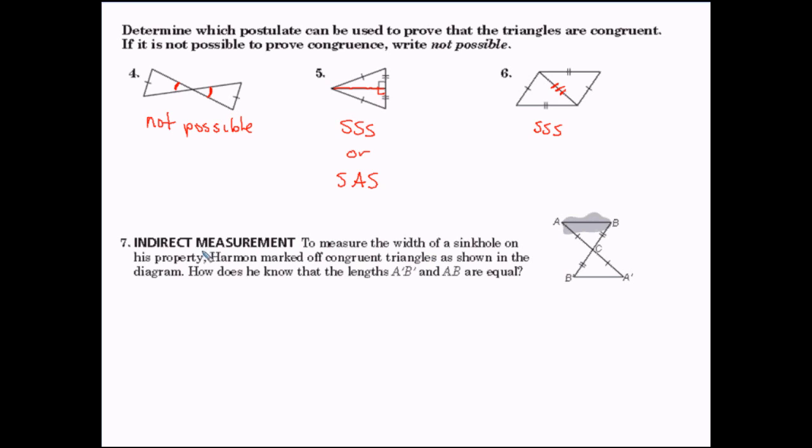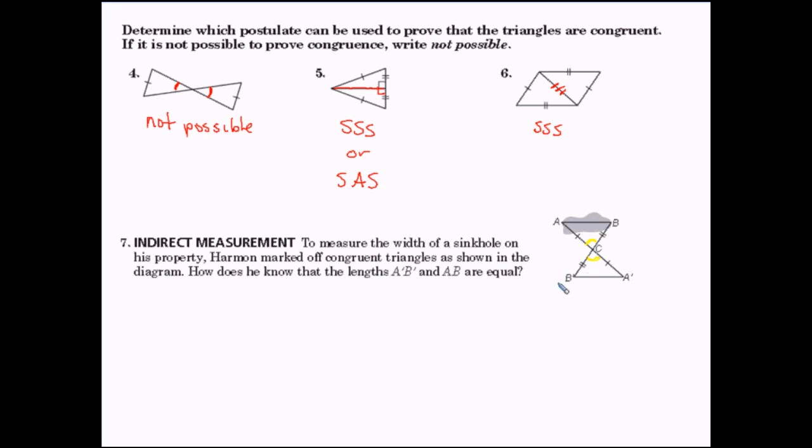To measure the width of the sinkhole on his property, Harmon marked off congruent triangles. And how will he know that this length here and this length here are the same? Well, because these two lengths are the same and these two lengths are the same, and these are vertical angles. So those two are going to be the same.